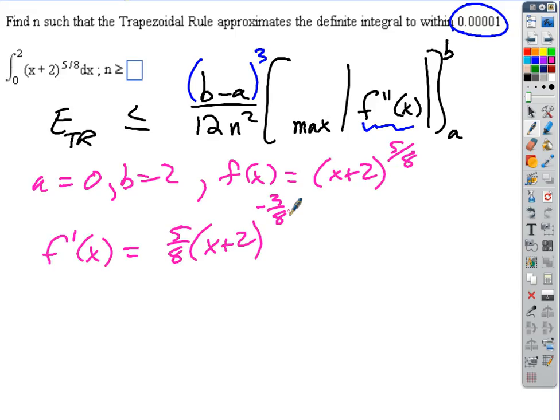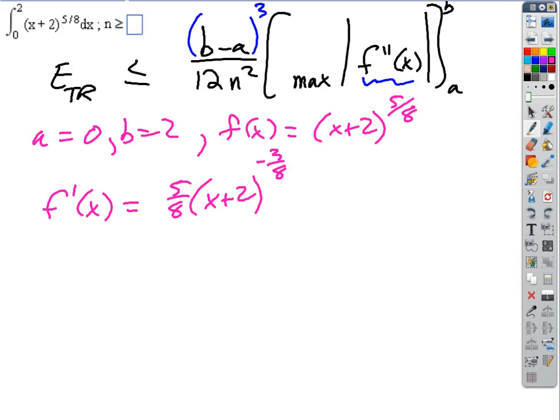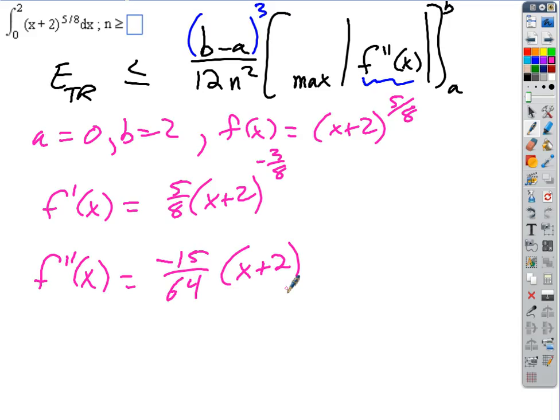Okay, so there's the first derivative. What's the second derivative? Negative 15 over 64, times x plus 2 to the negative 11/8. Okay, so we'll want to write that as a fraction, right? So we get negative 15 over 64.